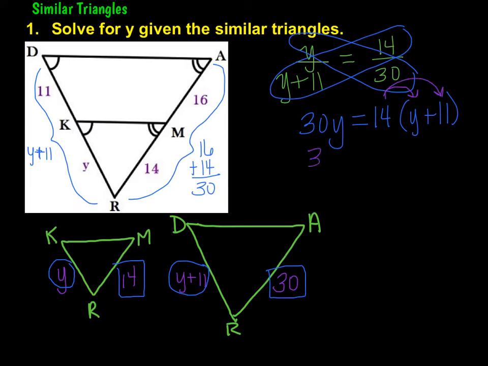So we end up with 30y equals 14y plus, now I just need to use my calculator to figure out what 14 times 11 is. We end up with 154.